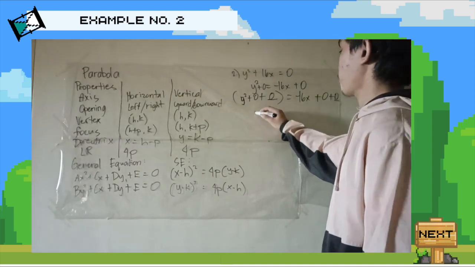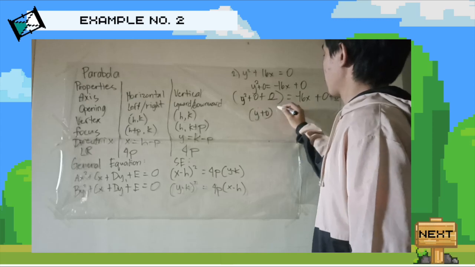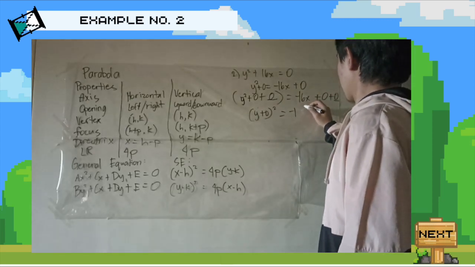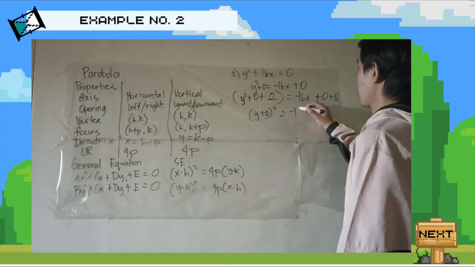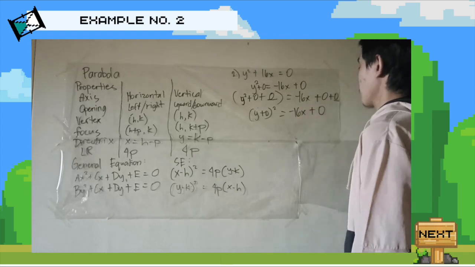Simplify them, you have y plus 0, quantity squared, equals negative 16x plus 0.